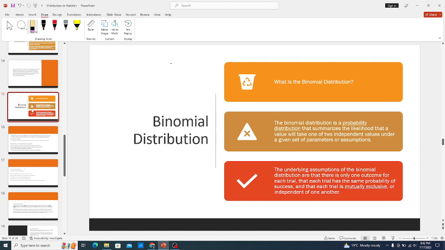For binomial we have more than one trial, while Bernoulli is a special type of binomial where n is equal to 1, a distribution of one trial.